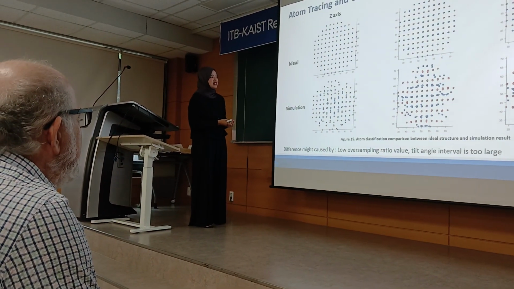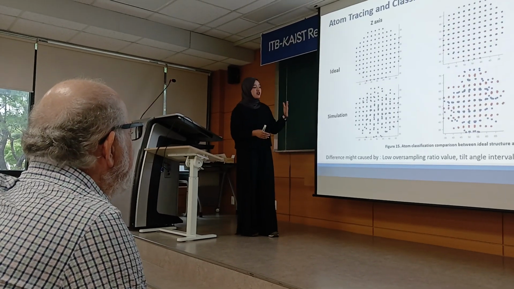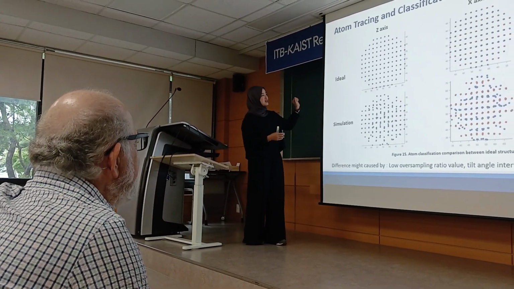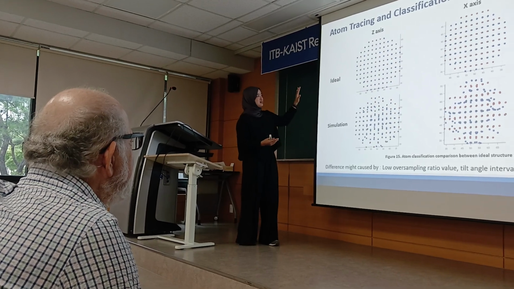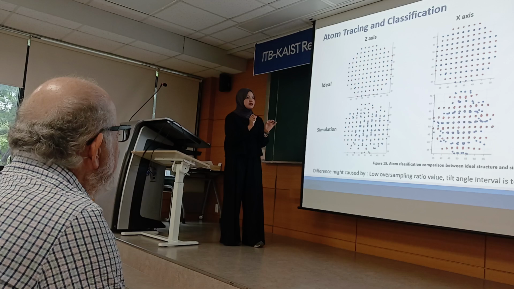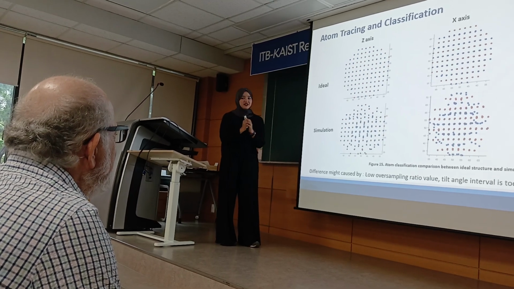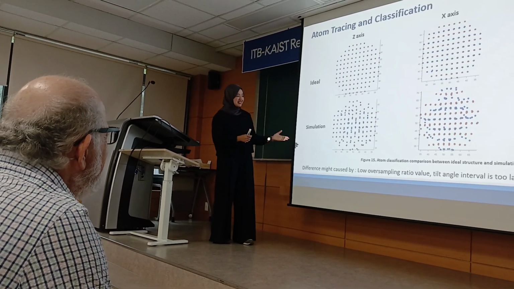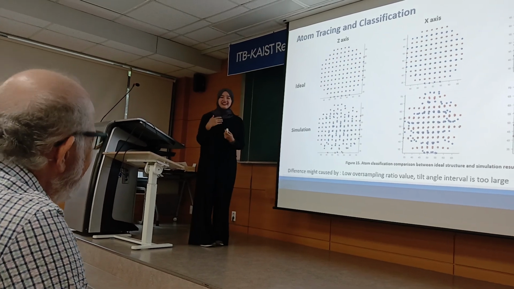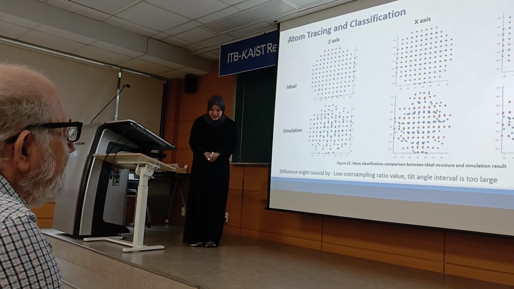Unfortunately, if we increase the oversampling ratio, we might see better resolution, a better reconstruction more similar to the ideal, where we can see the missing atoms. But in my case, my oversampling is too low. Thank you for the question.